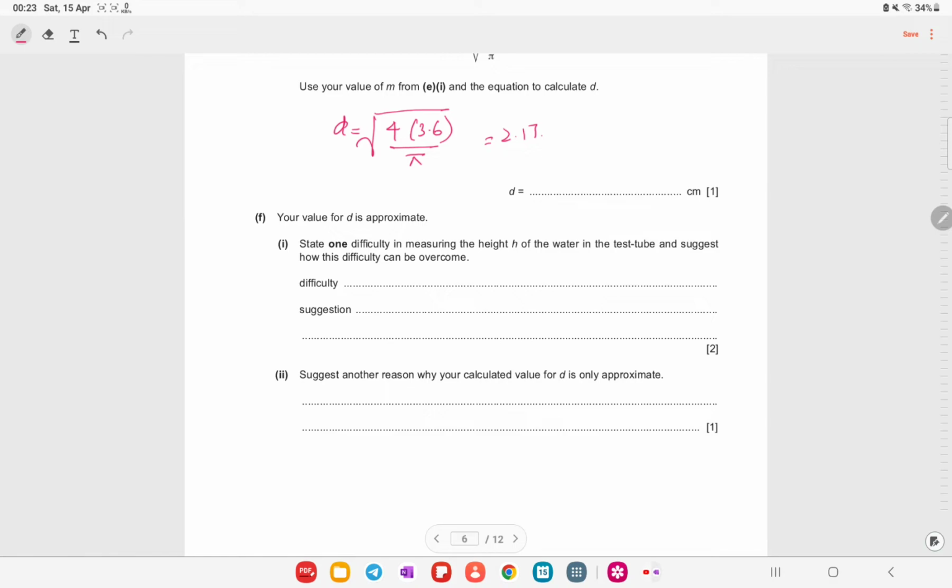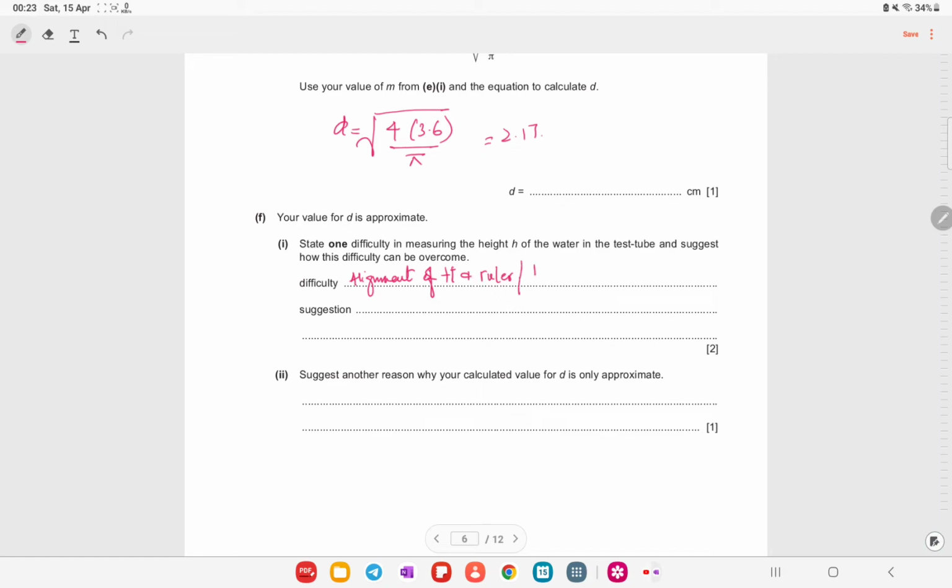State one difficulty in measuring the height of water in the test tube and suggest how the difficulty can be removed. So first of all, what difficulty we can have is the alignment, the alignment of test tube and ruler.